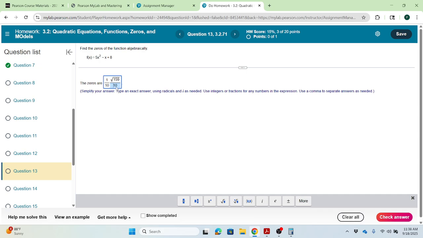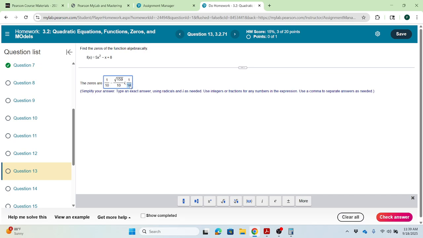Before that you have a negative sign, sorry, minus, and there is an i here. So that's one of the solutions. Another solution is 1 over 10 for sure.